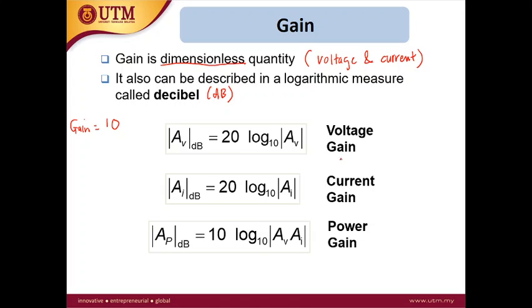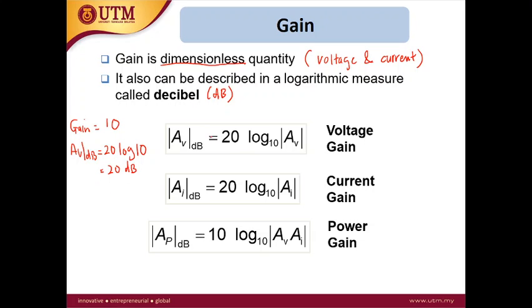If the gain is voltage gain, you need 20 times log Av. So if the gain is 10, the Av in dB is 20 log 10. So log 10 is 1, so equal to 20 dB.